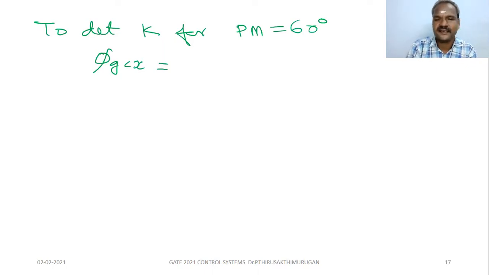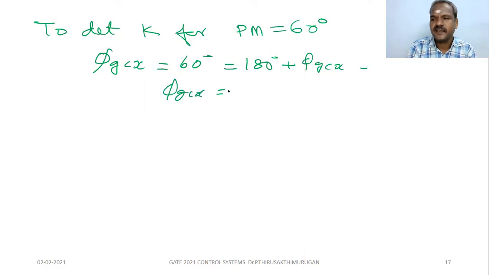Phi GCX is the phase at the gain crossover point, which determines the phase margin. So phase margin, 60 degrees, equals 180 plus phi GCX. So we will be getting phi GCX equal to minus 120 degrees.